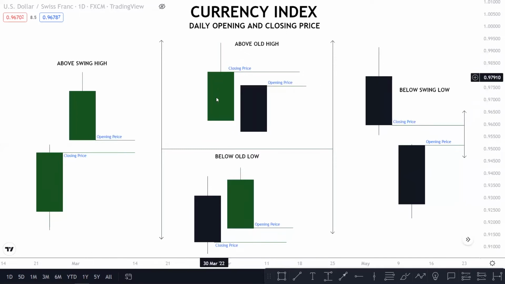But these candles are either formed before. What do I mean by before? A day before or 2 days before or hours before. So you're likely to see this thing happen.